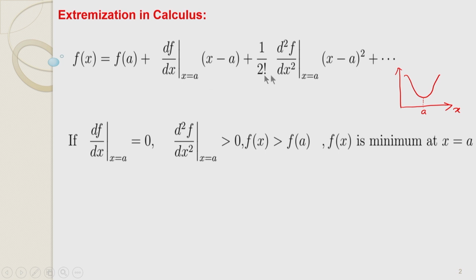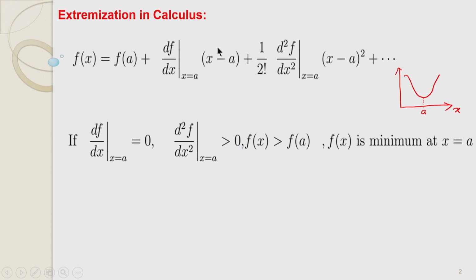So, if you see in the Taylor series, the higher order term approximately goes to 0 in the vicinity of point A. So, the first term is 0, and because the second term is greater than 0, f(x) is greater than f(a).